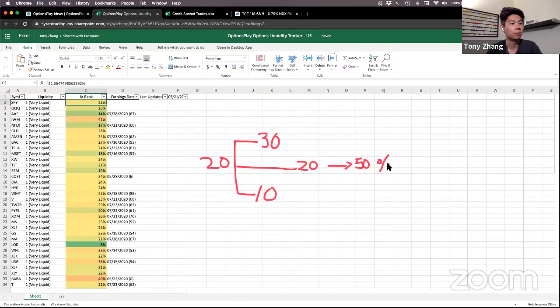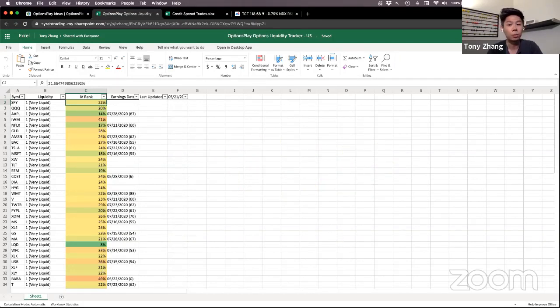If today's reading is 25, then that's an IV rank of 75% of the range. If today IV is at 15, then it's at 25%. So it's really just telling you where the current IV is in relation to the maximum and the minimum from the past 52 weeks. That's how you measure IV rank.